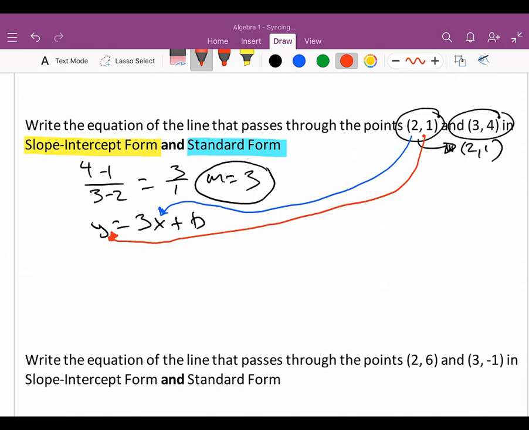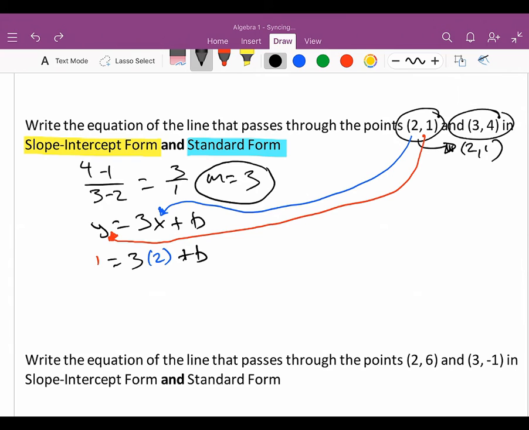If you plug those in, you'll be able to solve for B, because now you have no other variable but B. So I plug in a 1 for y equals 3, and then I plug in a 2 for x, following my arrows, plus B. Now B is alone. B is the only variable. That's something I can solve for.